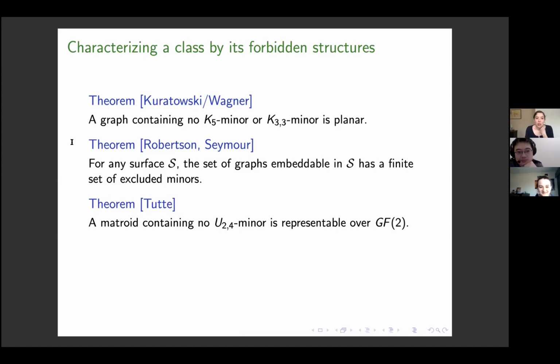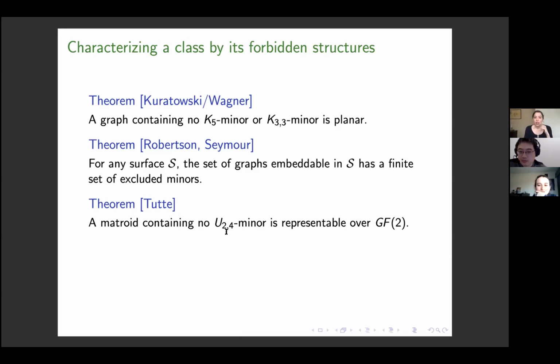And Tutte proved that we can characterize binary matroids, which is another way of saying matroids representable over GF(2), the two-element field, by just avoiding one excluded minor. It's U2,4. If you're thinking about it geometrically, it's 4 points on a line.